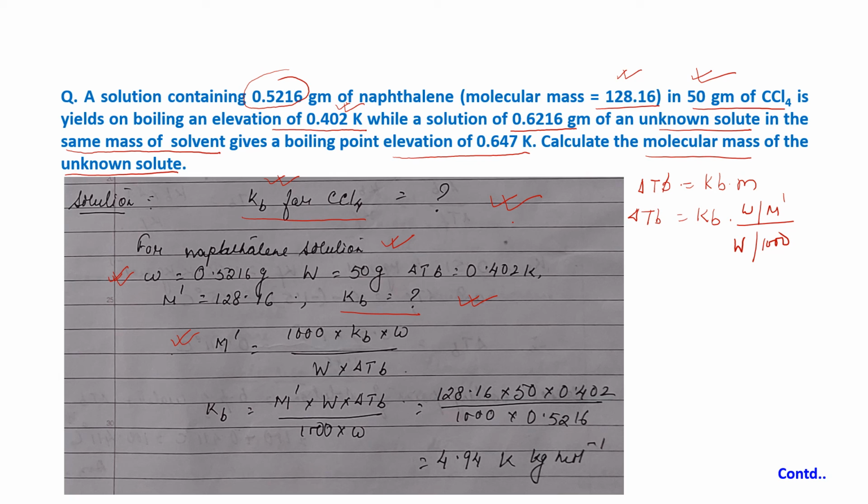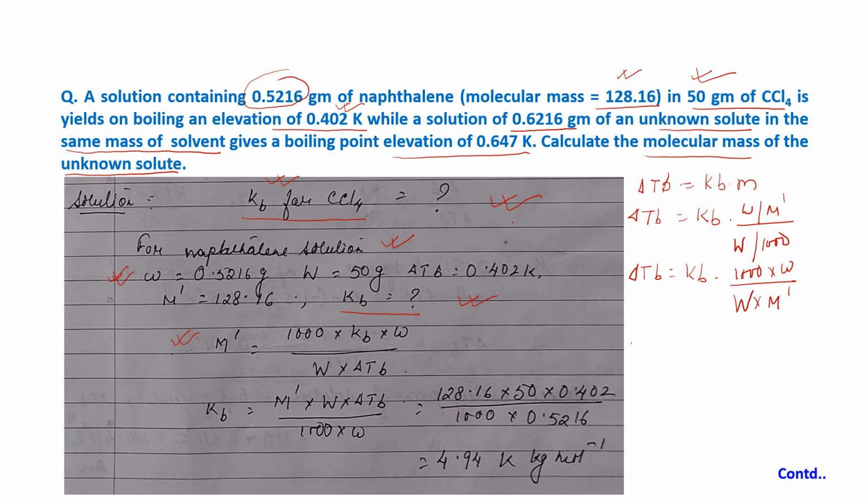From here I can write delta TB is equal to Kb into 1000 into small w divided by capital W into M dash.